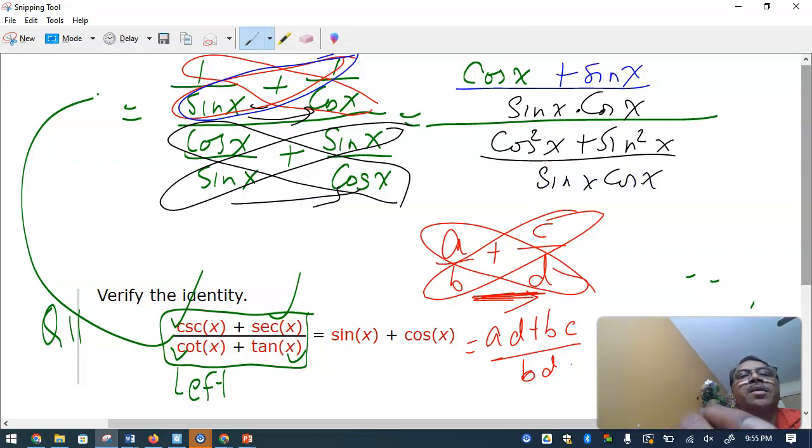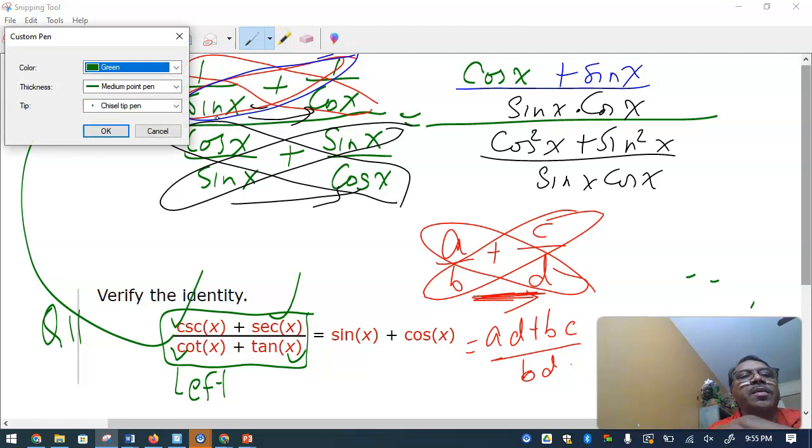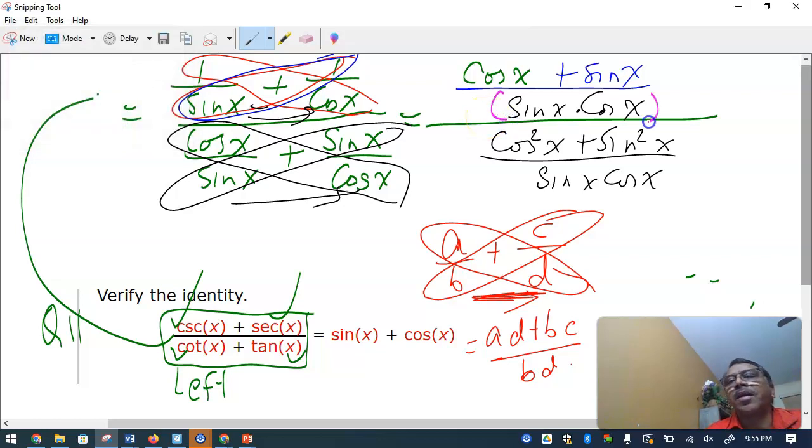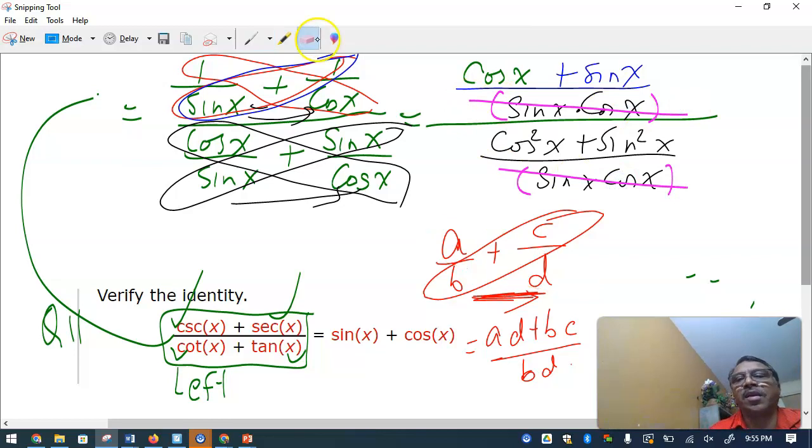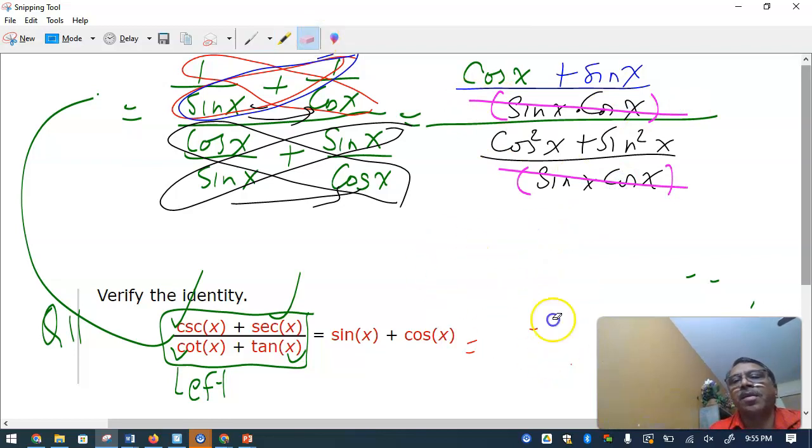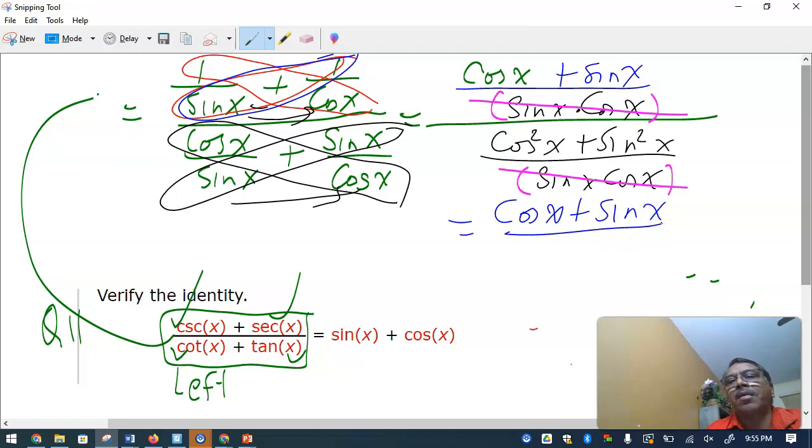And then you can use the other trick that I showed. This denominator and this denominator are the same, so you can just cross this out. What you are left with is cosine of x plus sine of x divided by cosine square of x plus sine square of x.